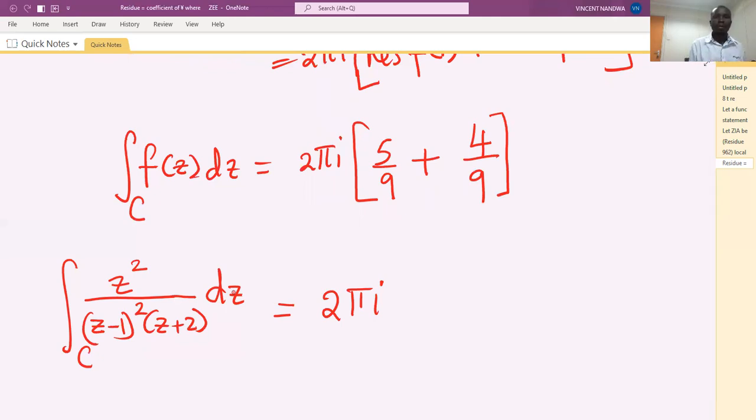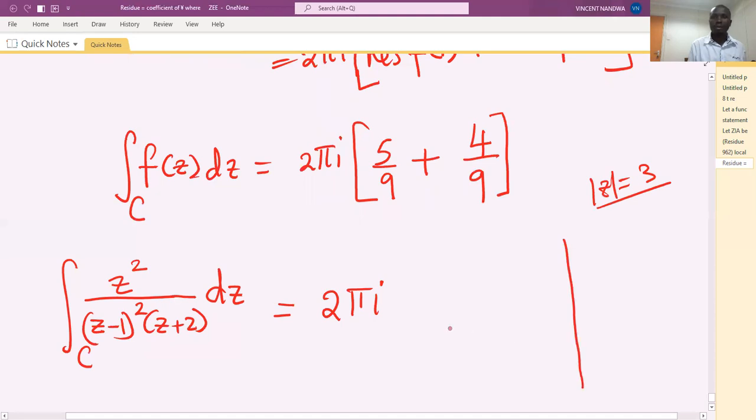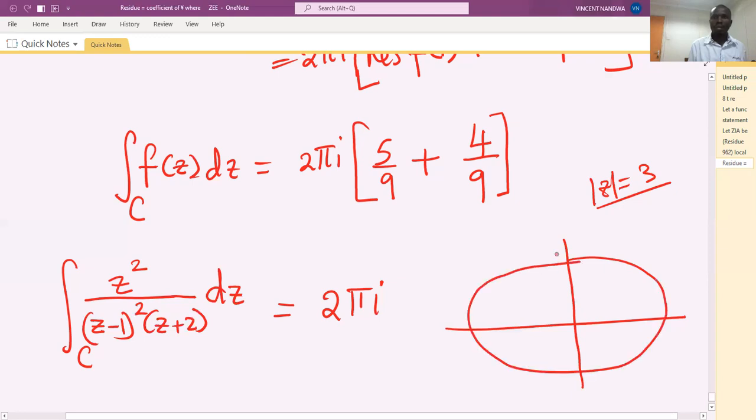So that is the solution to the specified integral. And remember, I've taken all of them because the circle was defined to have a radius of 3. If you draw the circle, this is 3i, this is negative 3i, this is negative 3, this is 3. So you have 1, negative 1, negative 2.